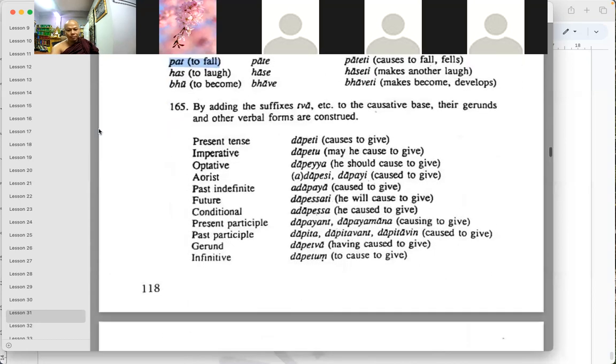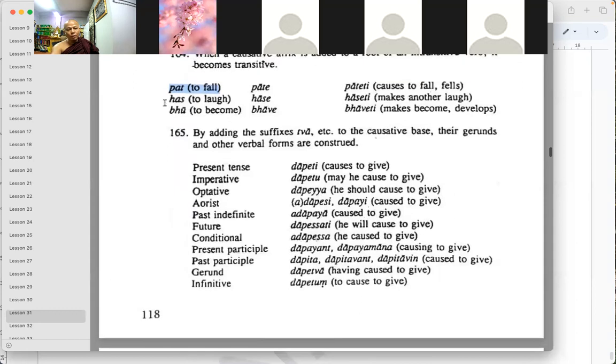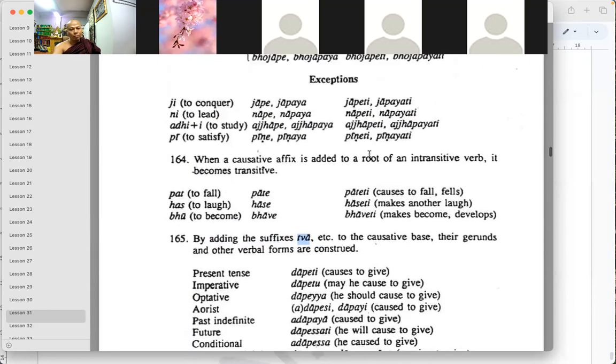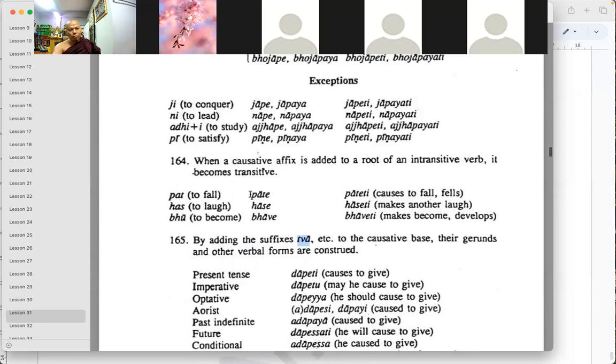And then those causative verbs are also like the other verbs. So by adding the doa, we can form the gerund. By adding the do, we can form the infinitive. That means badi and the doa, badi doa, badi and the do, badi do, hasi and the doa, hasi doa, hasi and the do, hasi do, and so on.